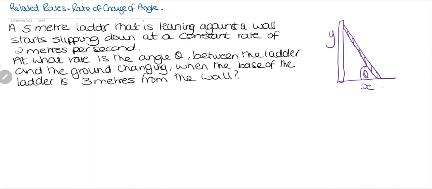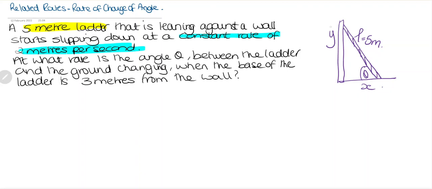So we have a 5-meter ladder. So the length of our ladder is 5 meters. Then it says that the ladder is slipping at a constant rate of 2 meters per second.